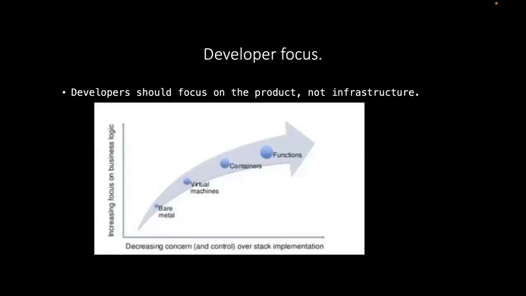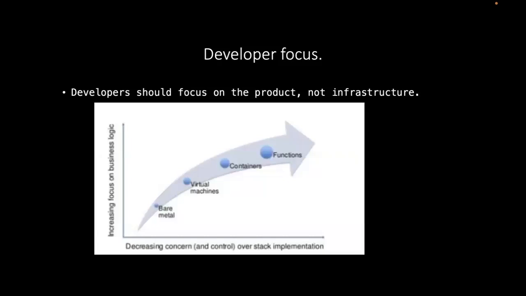This is a nice graphic that I found, maybe I'll finish on this one for today, which shows from the developer's perspective how their focus has shifted over the years. Initially, developers had to be concerned with everything, the actual physical hardware and configuring the hardware.